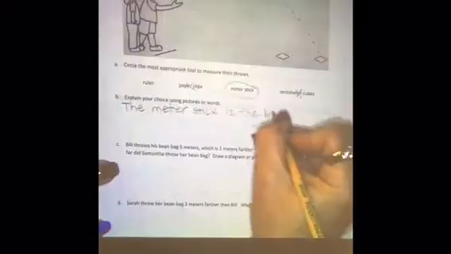Letter B, explain your choice using pictures or words. Well, the meter stick is the best tool because it is the biggest.